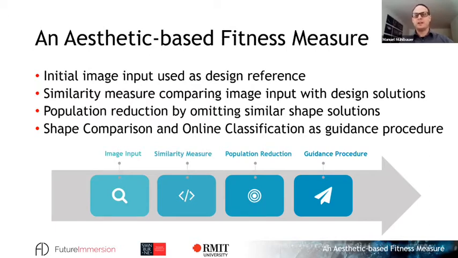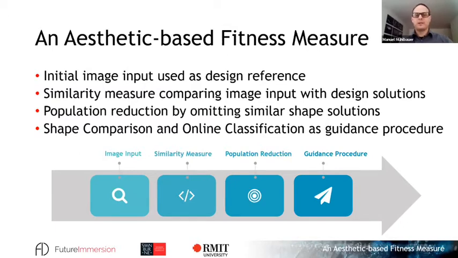This similarity measure was also used for population reduction to omit similar shape solutions. The designer then doesn't see similar solutions coming up again, so the design system has a more creative, stimulating effect. This also allows to compute excessive fitness functions with reduced computational cost.